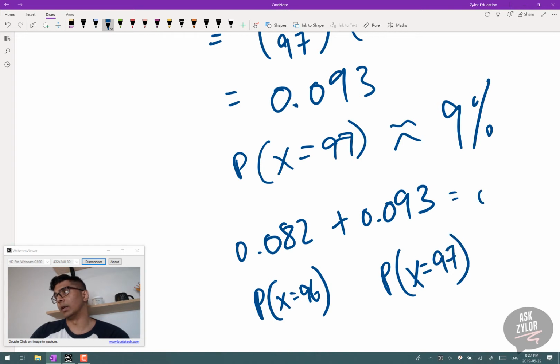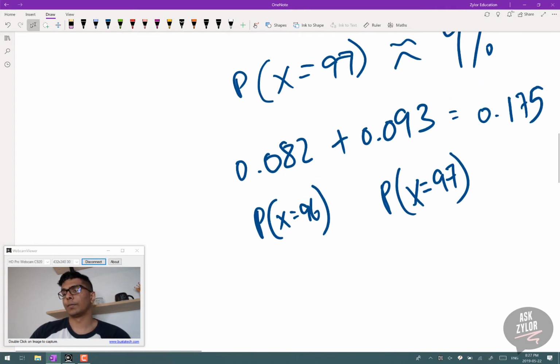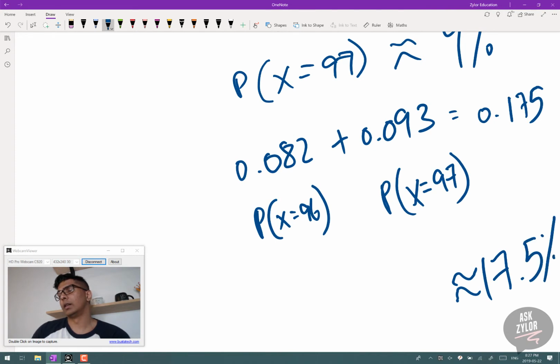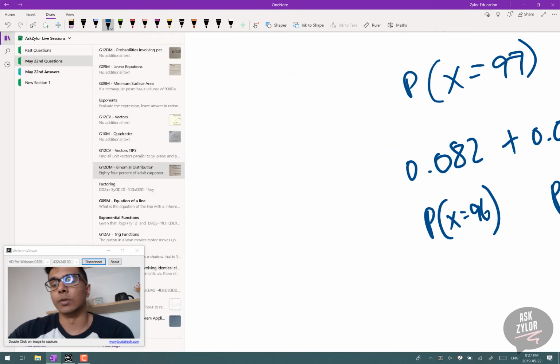If I add them up, I should get 0.175, right? So it's approximately 17.5% for the probability of 96 or 97 ants weighing less than 256. Okay, so let's go ahead and move to the next question.